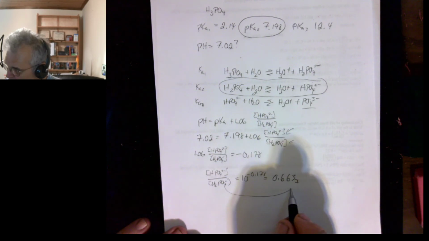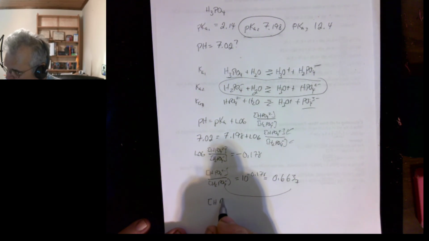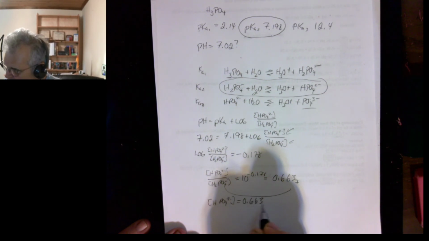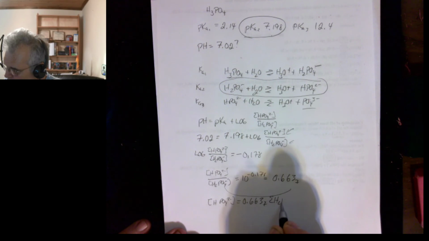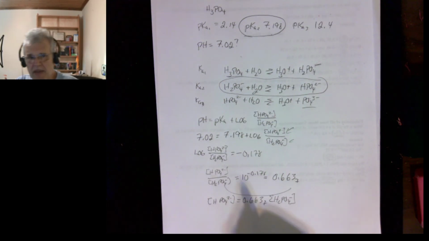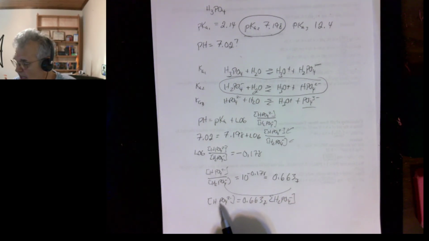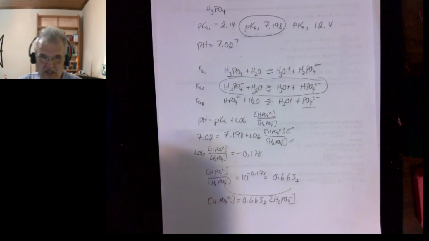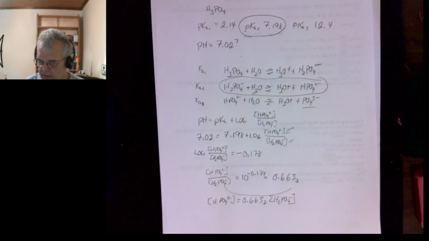So then I can just distribute this to the other side, and I get HPO4 2 minus is equal to 0.6637 times H2PO4 minus. So what does that tell me? That tells me I can make up this buffer in whatever concentration I want, as long as the amount of HPO4 2 minus is 0.6637 times the amount of H2PO4 minus. Okay, so all I got to do is figure out what concentration I want and then put those values in, and I'll be able to make that buffer.